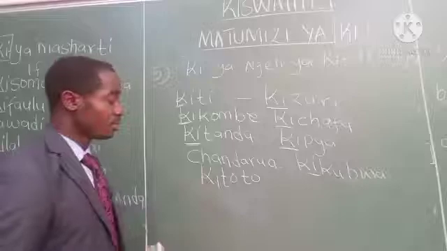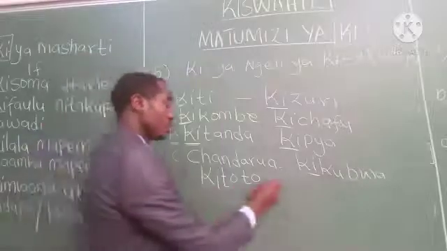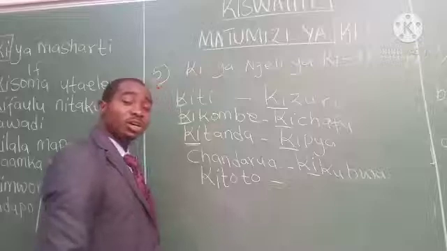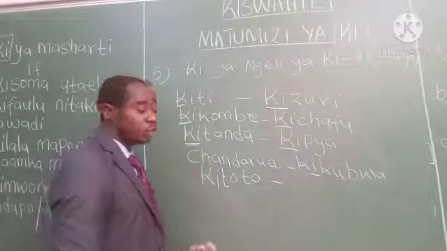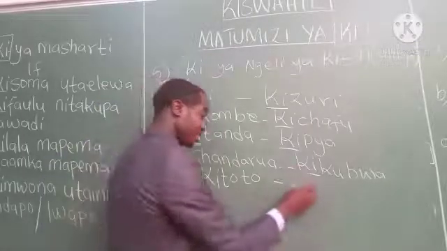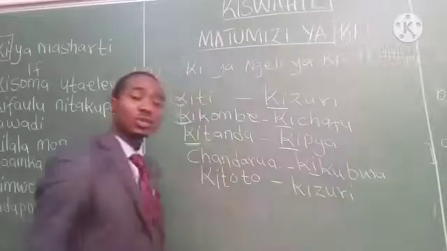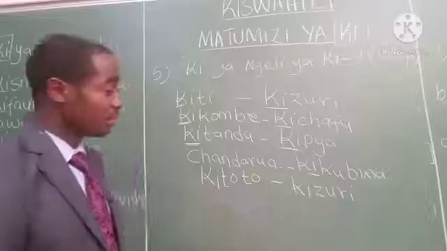Chandarua kikubwa, big mosquito net. Kitoto, what can we say about kitoto? Kitoto kizuri. Kitoto kizuri, a nice child.